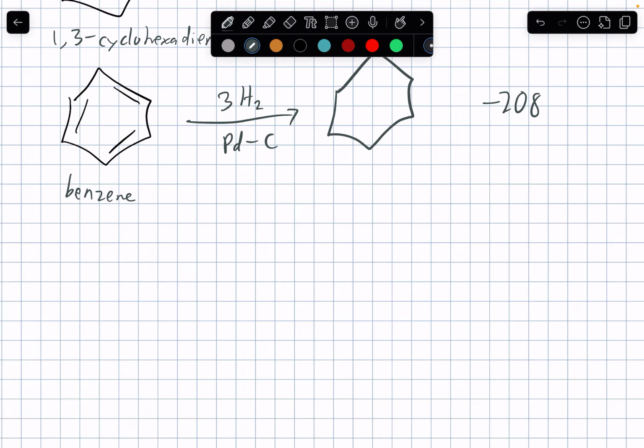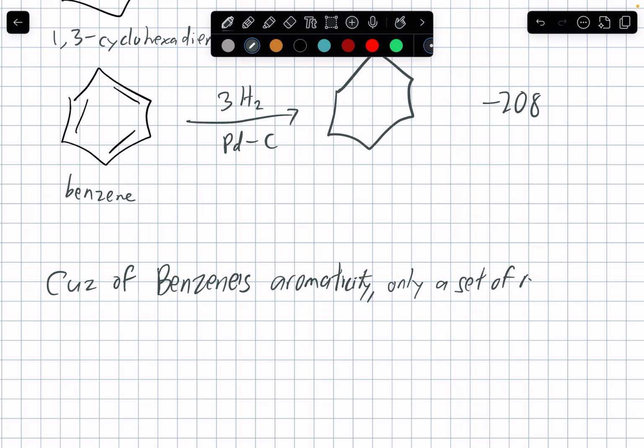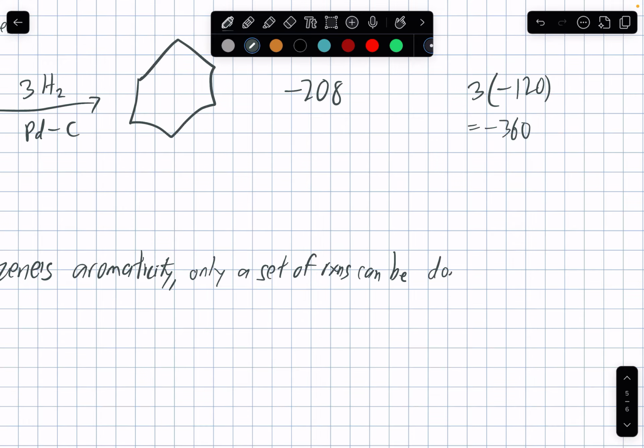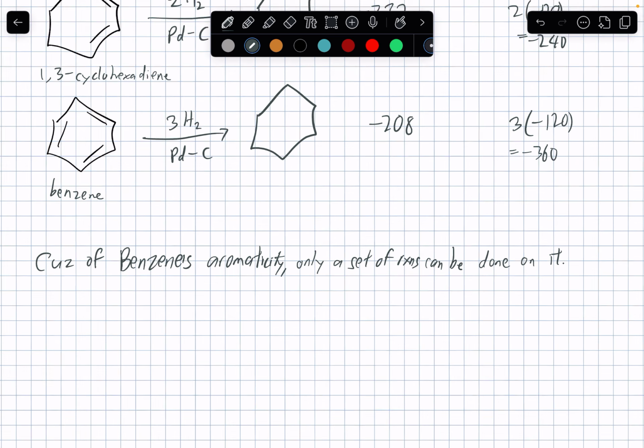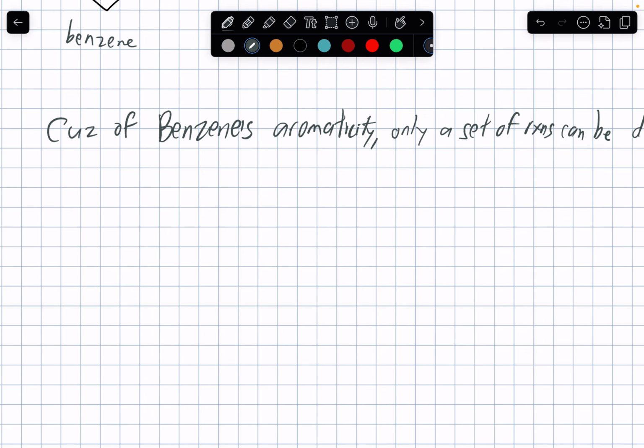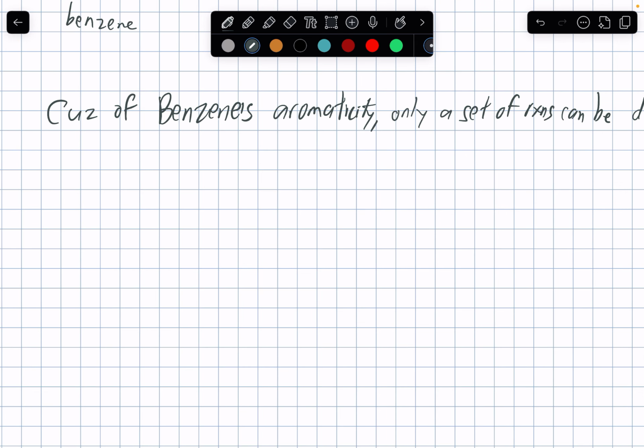You blame it on benzene's aromaticity. Okay, so it's very selective when it comes to what it can react with. Therefore, you expect reactions in alkenes not working with benzenes, no?